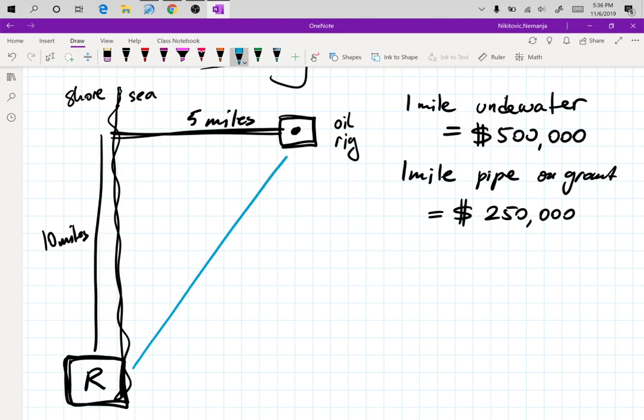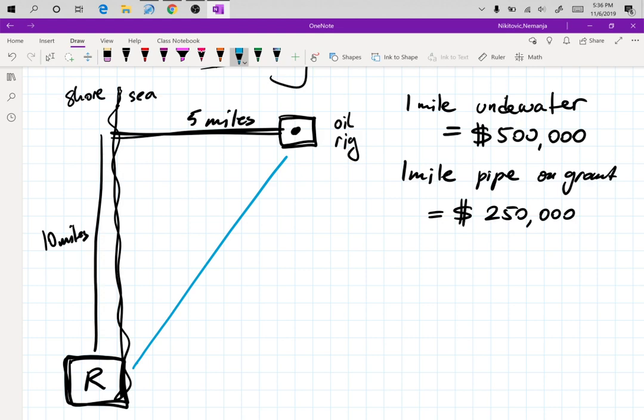So I have a black path that uses the minimum amount of water, so you decrease the cost as much as possible using $500,000 per mile. But then you have the maximum length on ground. As you can see, the blue one has nothing on the ground because that's the shortest possible distance between the oil rig and refinery, right?